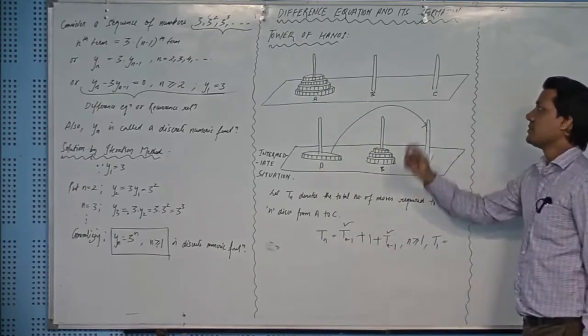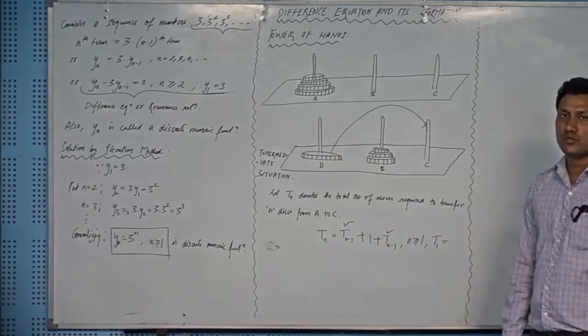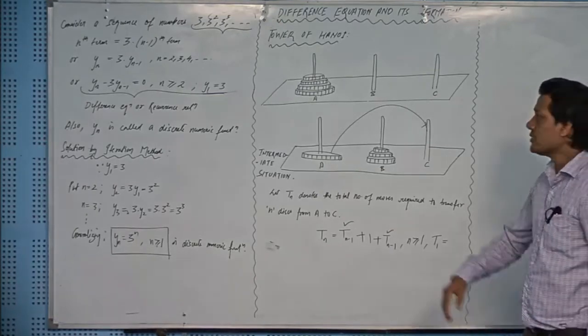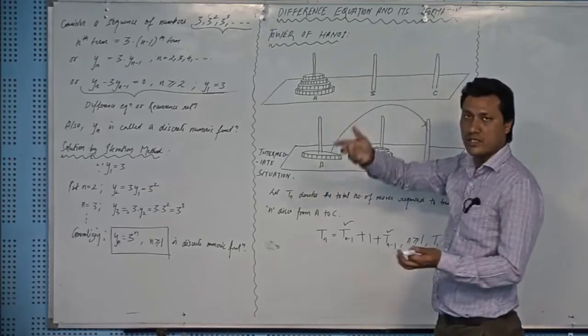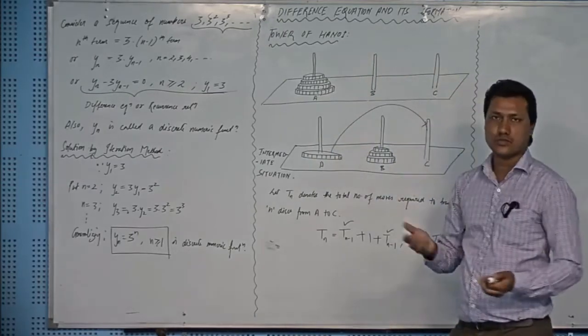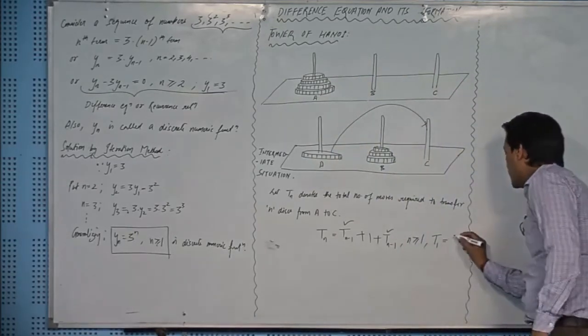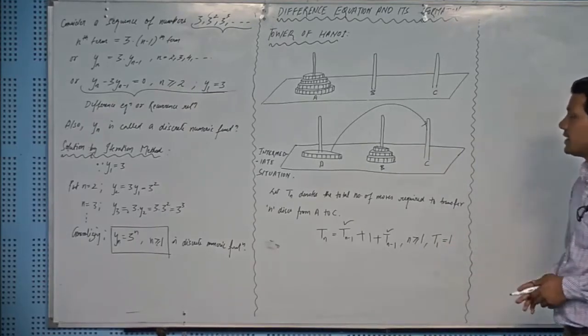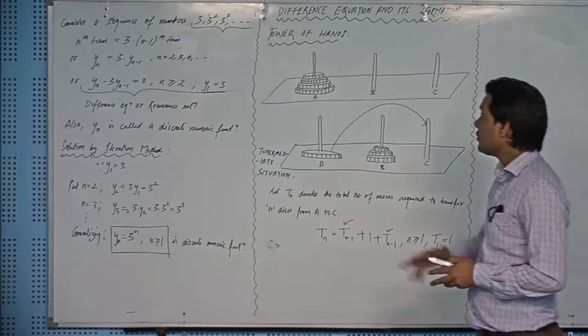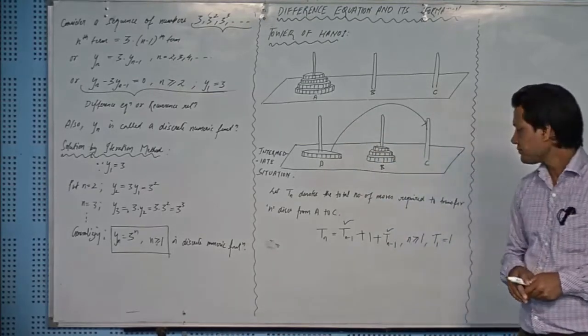Only 1 move, because in that case you can directly switch the only disk from peg A to peg C, and that will constitute only 1 move. So that's why T1 should be 1. This is the initial condition determined by considering only 1 disk, right?